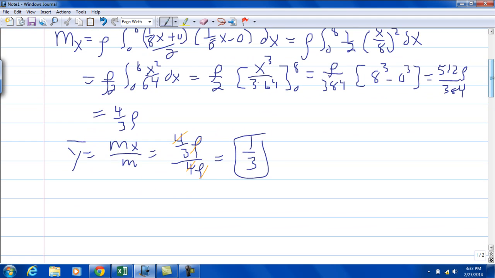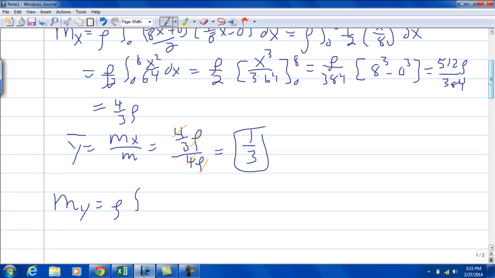Let's get the x bar. First we have to get My. That's going to be rho integral from 0 to 8 of x times x over 8 minus 0, which is just x over 8. So I could pull that 8 out here and call that x squared, because x over 8 minus 0 is just x over 8.